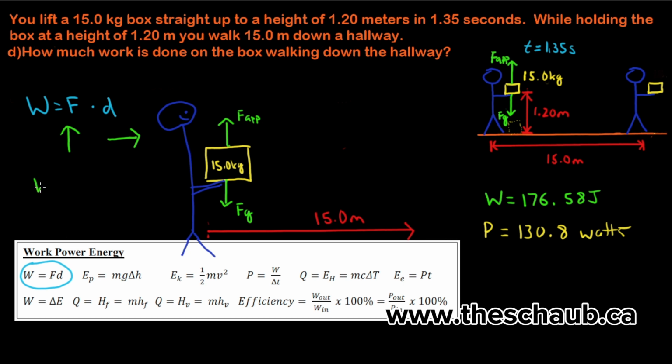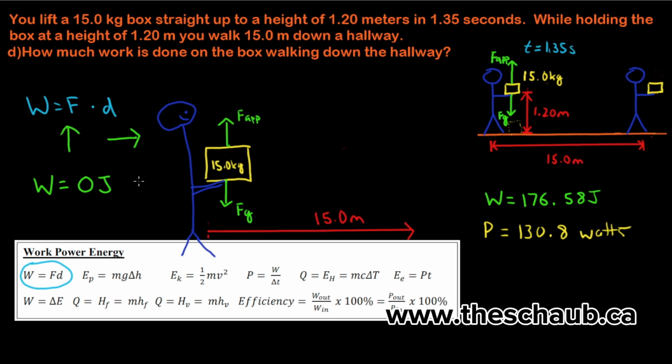So the work in this scenario is equal to 0 joules because the force applied is upwards and the displacement is perpendicular sideways. Now I'll fully admit this is a very special scenario because if we were pushing the box across the floor at constant velocity, meaning there was a force of friction opposing our applied force, then we would have an applied force sideways as well as a displacement sideways.